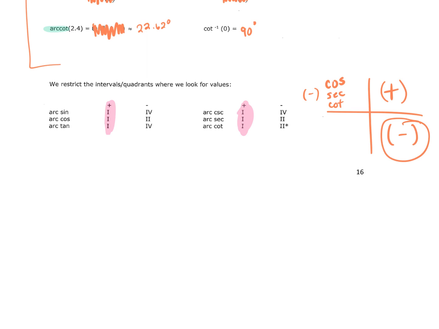Arc cosine of something negative, we look up here in quadrant 2. Arc tan of something negative, we're back down here in quadrant 4. Arc cosecant of something negative, quadrant 4. And then the last two are the exceptions. Because cosine is in quadrant 2, we want to look for an inverse secant in quadrant 2 if it's negative, and then arc cotangent. That gets a little bit overwhelming to think through.